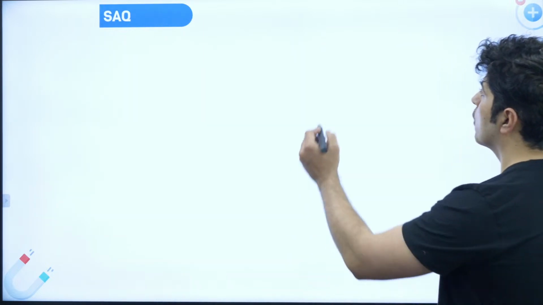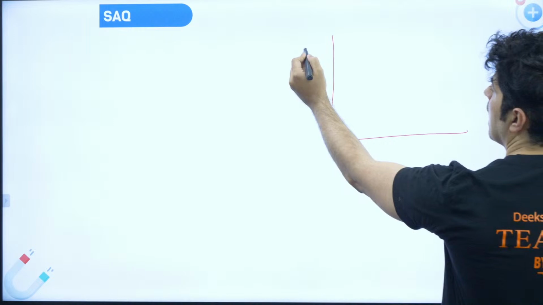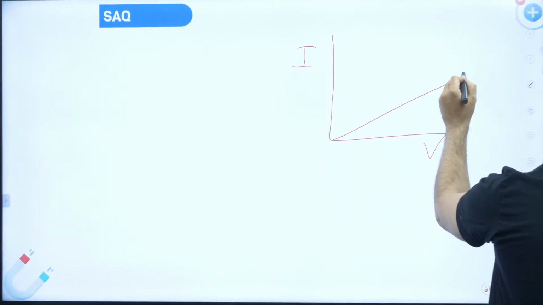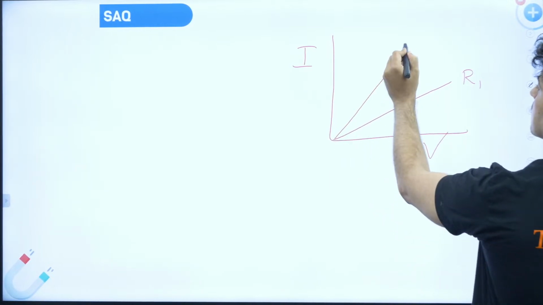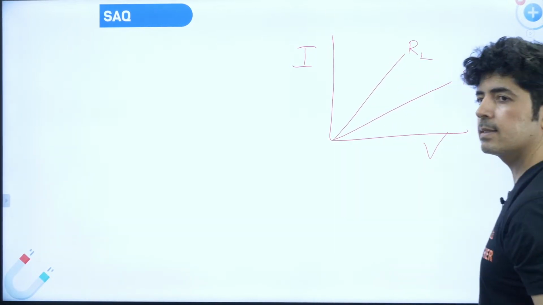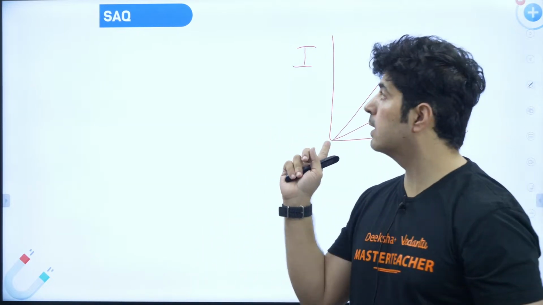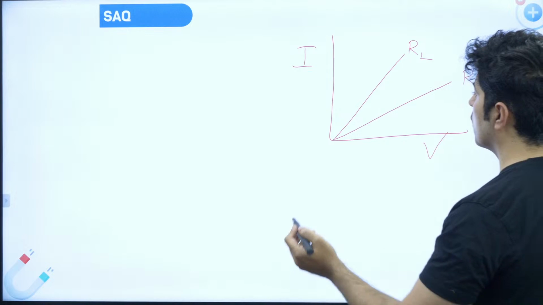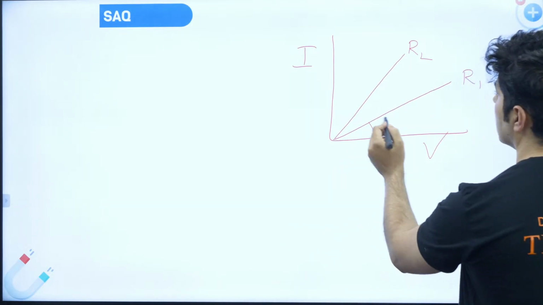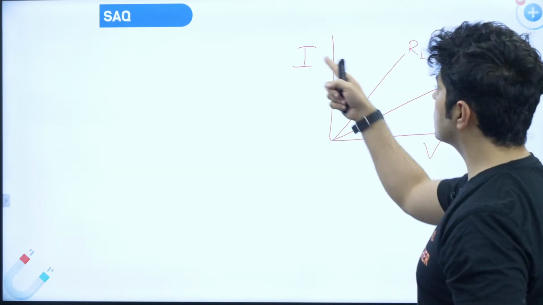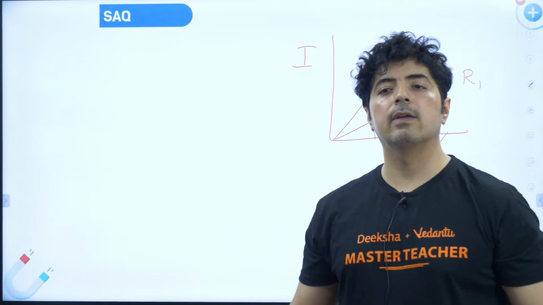Okay, now the question sometimes comes like this: I over here, V over here. In this case, let's say this is R1, this is R2. You have to be watchful about what axis is what. So here, if I find the slope, this is my slope R1, this is my slope R2 with the x-axis. Now the axis has changed, so our equality will also change.